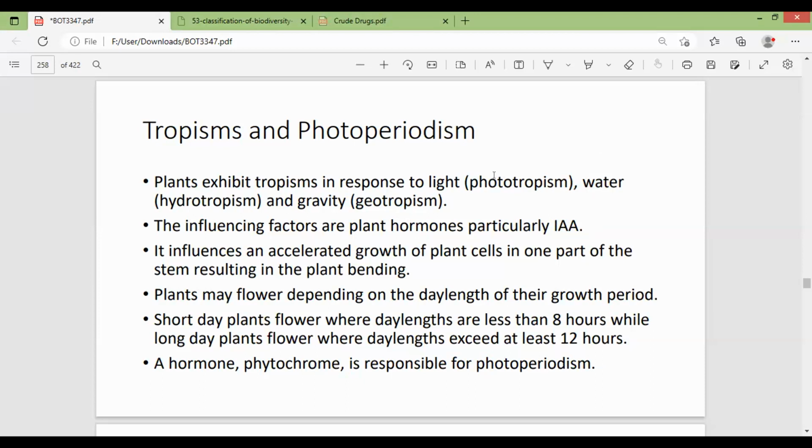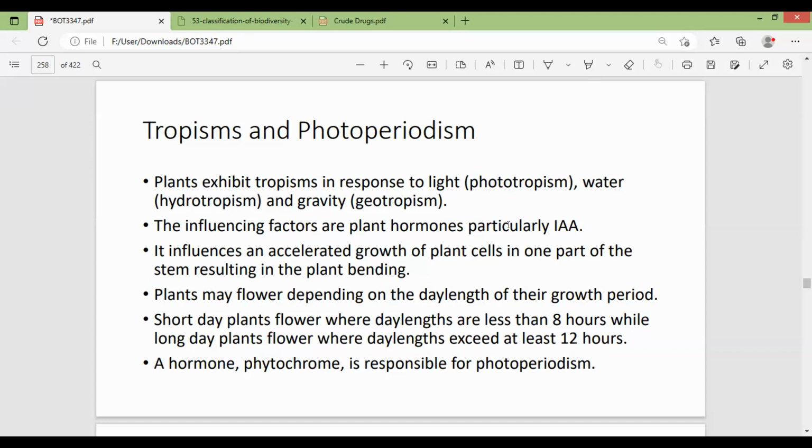Then looking at geotropism, remember I kept saying upward and also downward growth. Upward for the shoot, downward for the root. The auxins work in those two places, in the shoot and in the roots. So in the root, again, geotropism promotes it to grow towards the center of gravity. Hydrotropism is now towards water.